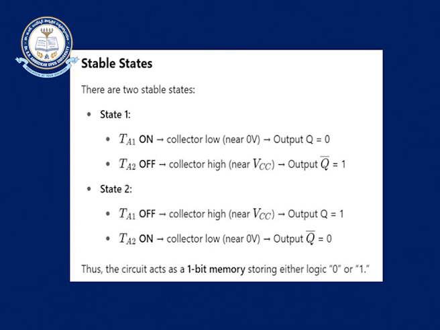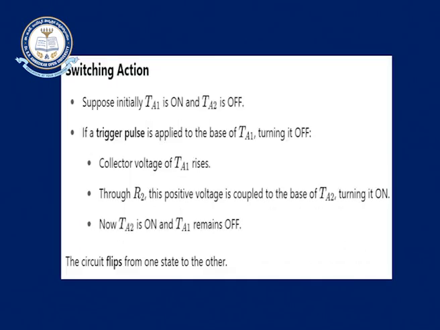Here we are going to use triggering pulses for the transistor to make T1 on and T2 off.